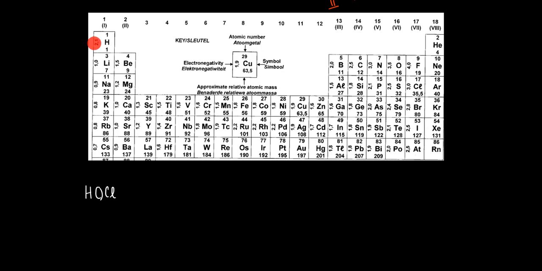Hydrogen is 2,1. Oxygen is 3,5. Chlorine is 3,0. So the highest electronegativity is on oxygen, so I must write oxygen. Then I'll write 1, 2, 3, 4, 5, 6. Those are the 6 valence electrons of oxygen.